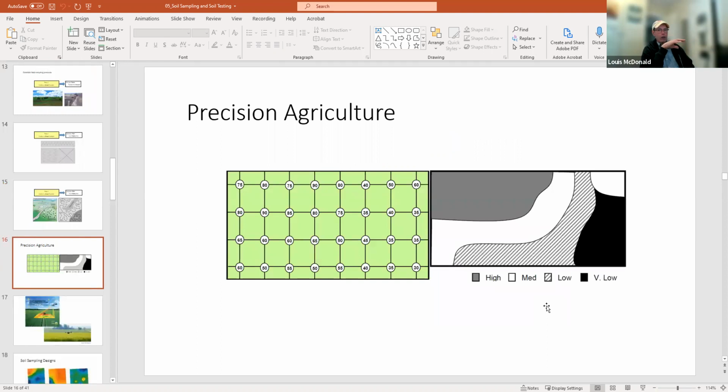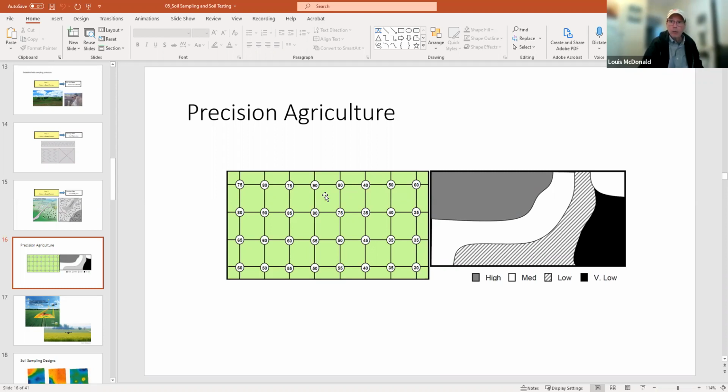There's another, as technology improves, in all senses of the word, right? We're doing more and more precision-based sampling and agriculture, right? And so it used to be very, very difficult to know where you were in space and time.